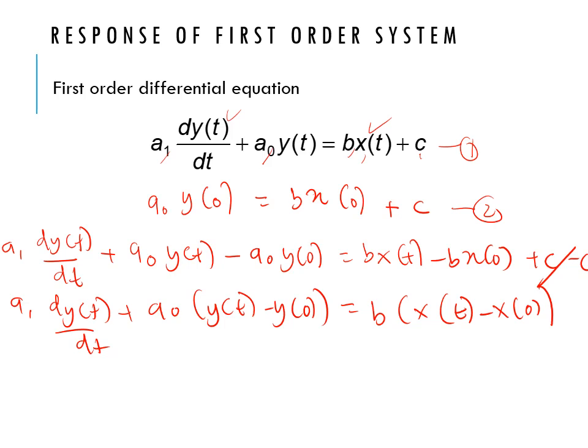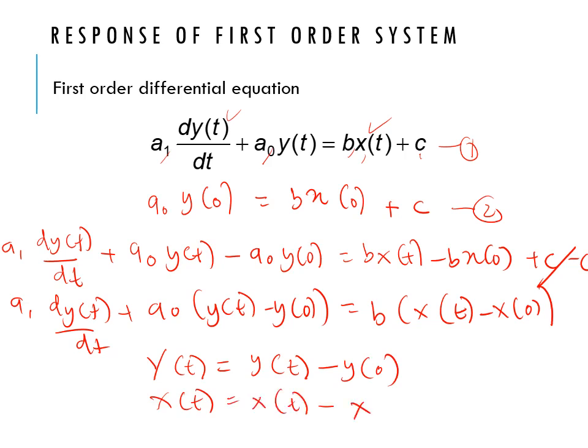The deviation variables are y(t) equals y(t) minus y naught, and x(t) equals x(t) minus x naught. Alright, so replace this into this.